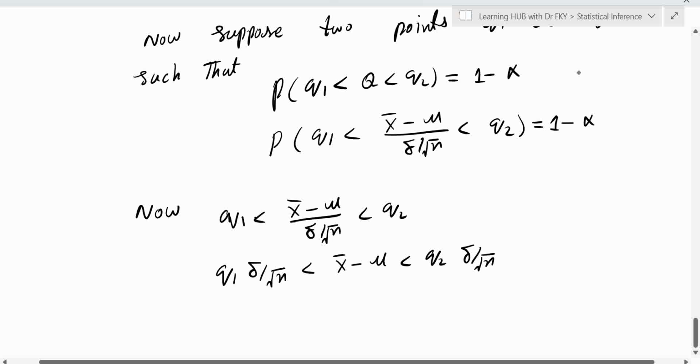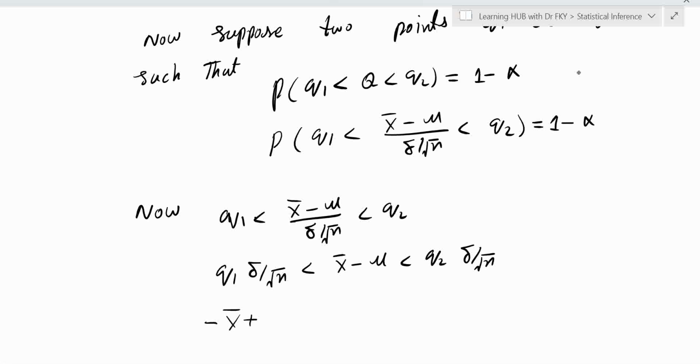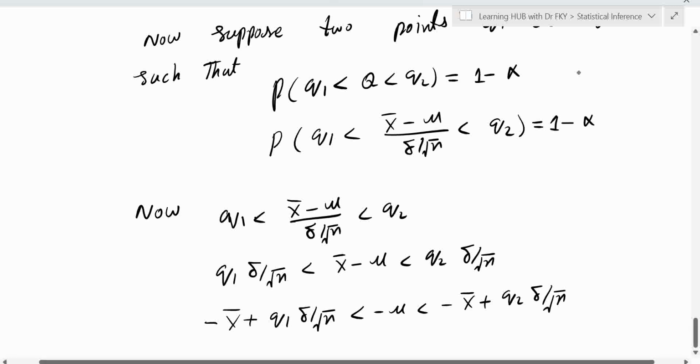Now you can subtract X bar from both sides, so minus X bar plus Q1 sigma over square root of n is less than minus mu, less than minus X bar plus Q2 sigma over square root of n.